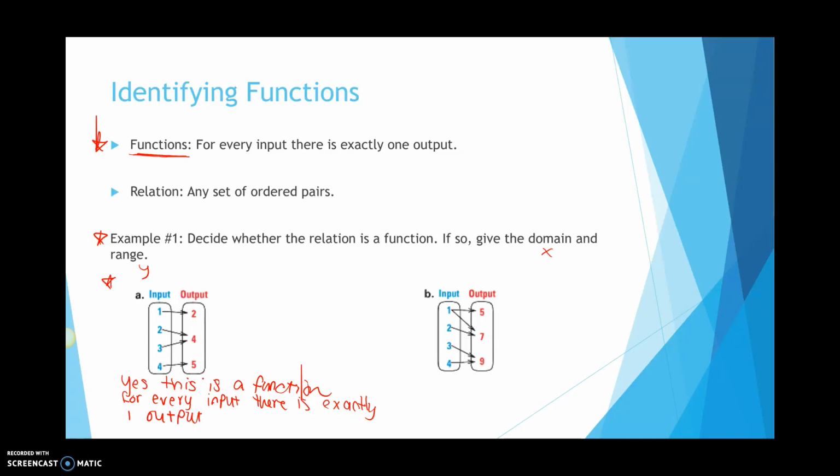And then you're going to label the domain and the range. So for your domain values, that's going to be 1, 2, 3, and 4. For your range values, that's your y, that's going to be 2, 4, and 5.